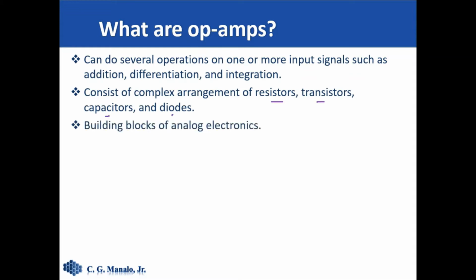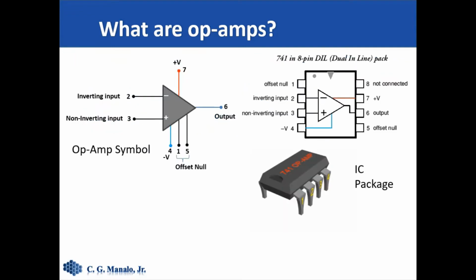And they are the building blocks of analog electronics. So our consumer electronics consist of several op-amps that are crucial in the operation of these devices.